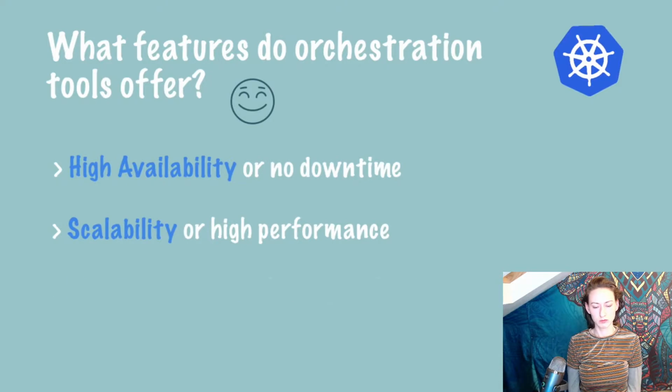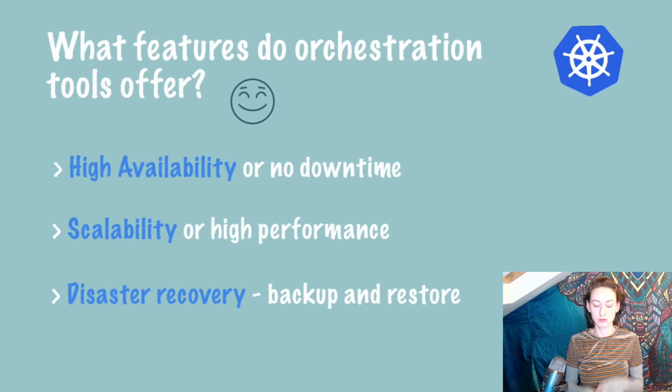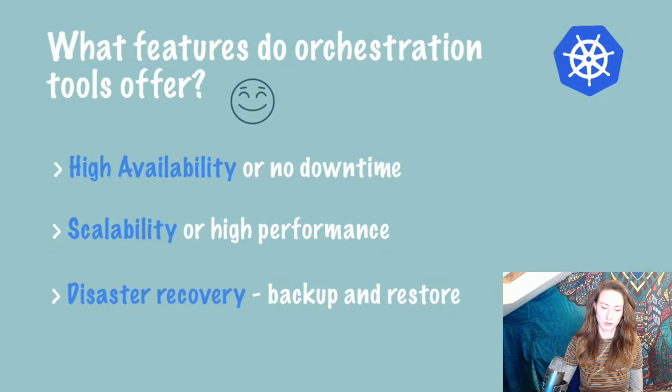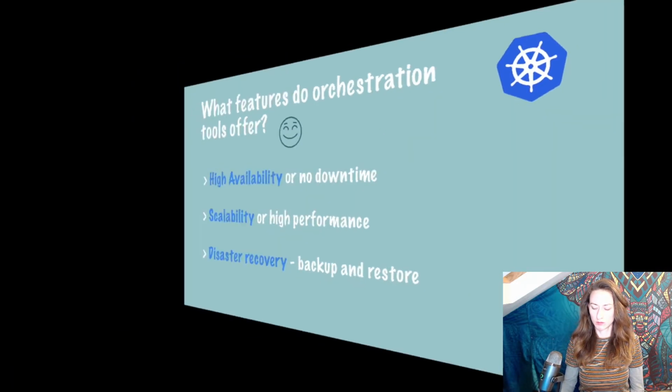And the third one is disaster recovery, which basically means that if an infrastructure has some problems, like data is lost or the servers explode or something bad happens with the service center, the infrastructure has to have some kind of mechanism to pick up the data and restore it to the latest state, so that the application doesn't lose any data and the containerized application can run from the latest state after the recovery. All of these are functionalities that container orchestration technologies like Kubernetes offer.